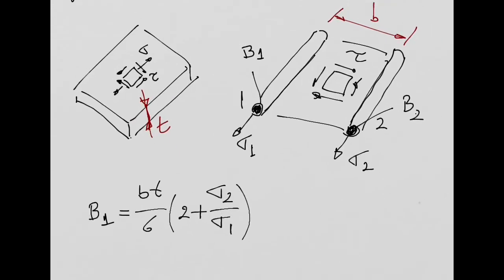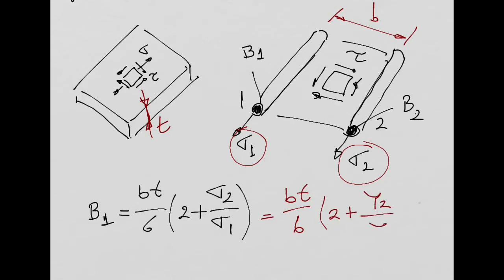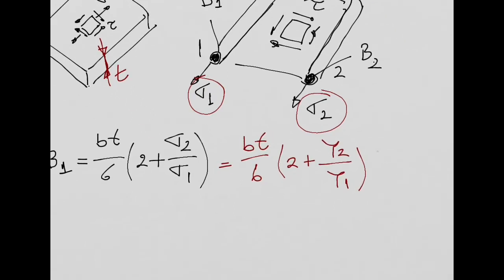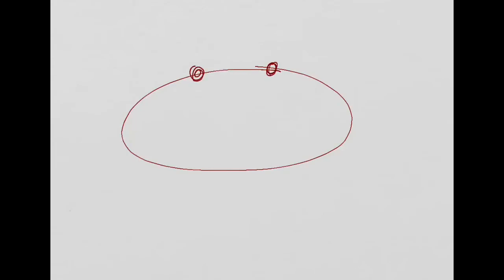And then, because we know these direct stresses come from bending, we also said that this can be converted into something like this, where y2 over y1 is the distance to neutral axis. So basically, if we have a cross section like this, with two booms here, if this is my boom 1 and this is my boom number 2, we have the neutral axis here. So this is going to be the distance y1 to the neutral axis.